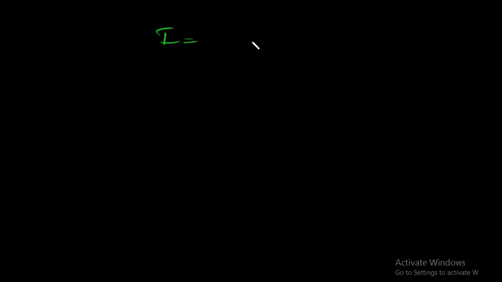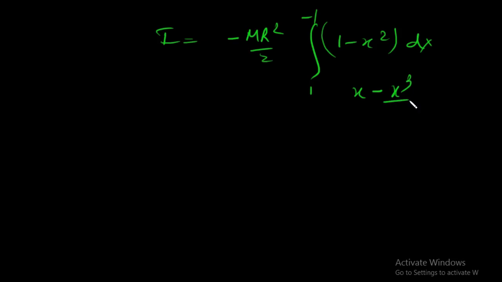So I is equal to minus m r square by 2 times the integral from 1 to minus 1 of 1 minus x square times dx. So this would be x minus x cube by 3, from 1 to minus 1. And this is minus m r square by 2. Since this is an odd function, we can interchange the limits.